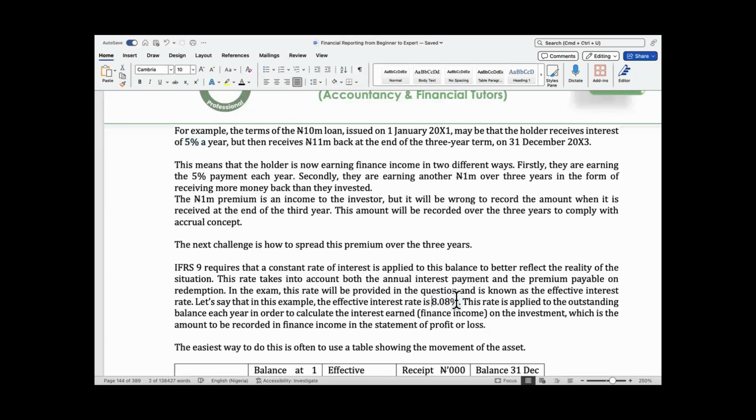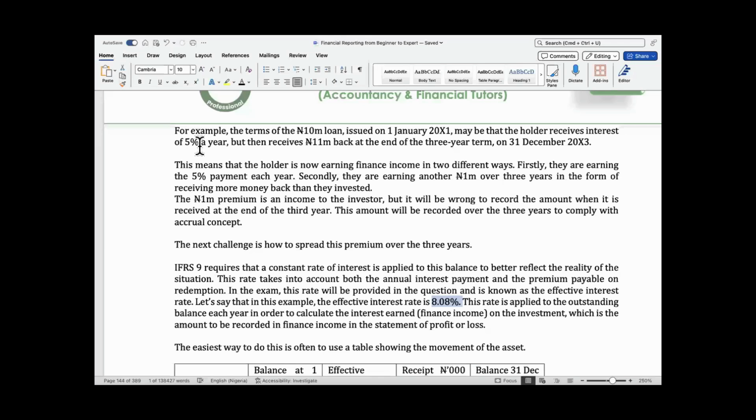That is why it is 8.08%. It encompasses the two, the 5% and the 1 million naira premium. So this 8.08% is what will now help us spread that 1 million over the 3 years.